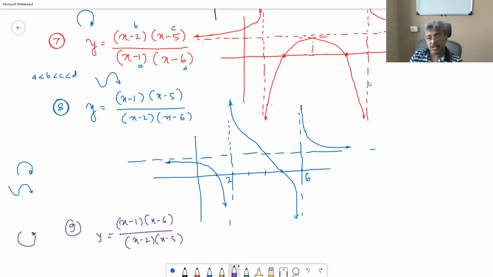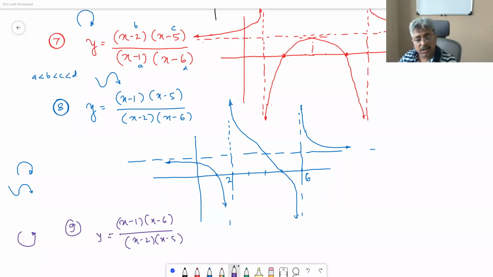This kind of question has already come in the IIT exam. They will give you a function like this in a paragraph and ask several questions. What is the local maximum? Is the function differentiable? Etcetera.